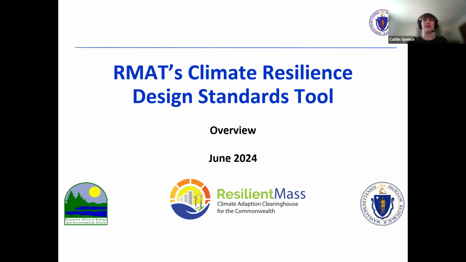Thank you, Tori. I'm here today to provide an overview and reminder on the purpose and function of the Resilient Massachusetts Action Team's Climate Resilience Design Standards tool. I'm from the Office of Climate Science.